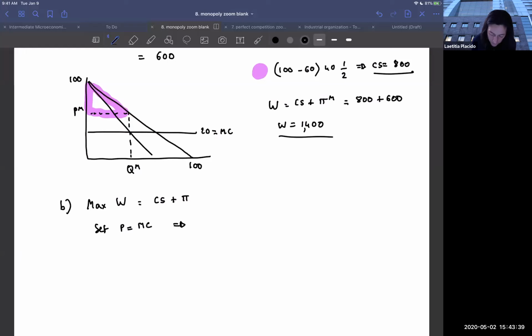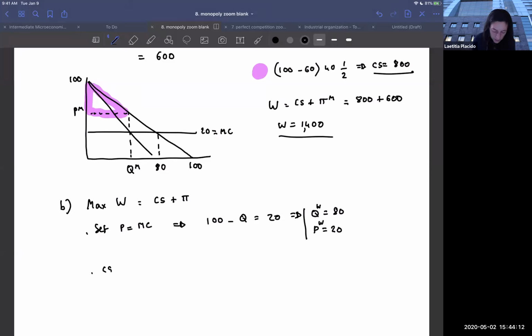So what is the quantity when you set P equals marginal cost? 100 minus Q equals 20, so you end up with Q equals 80. And the price is marginal cost, so that's 20. So now let's calculate the consumer surplus, the monopolist's profit, and the social welfare.